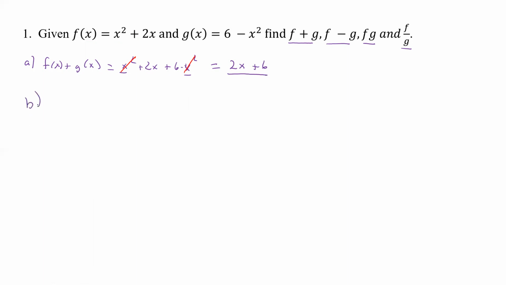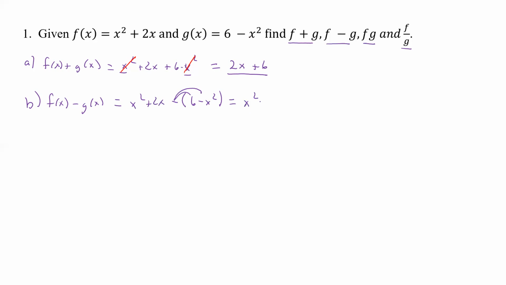And that is what f of x plus g of x is. Well, what about f minus g? That's just going to be f of x minus g of x. We take f of x, so that's x squared plus 2x, and then we subtract off 6 minus x squared. I put that in parentheses because you could just say I'm going to subtract everything off, so I could take minus 6 plus x squared. Or if you put it in between, you have to distribute that negative.